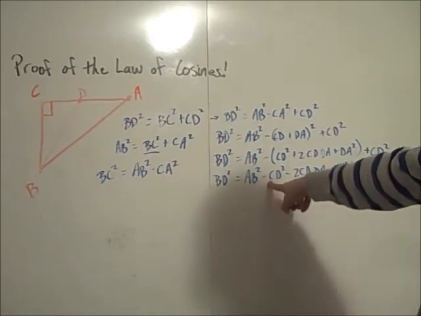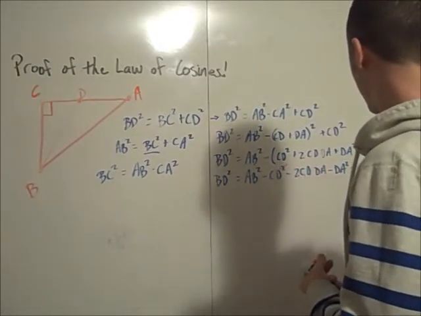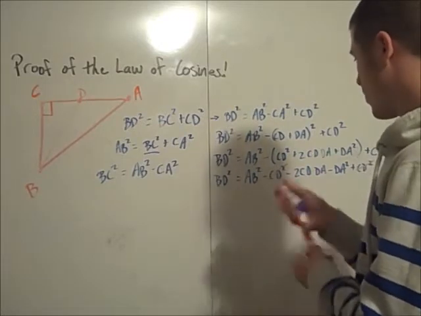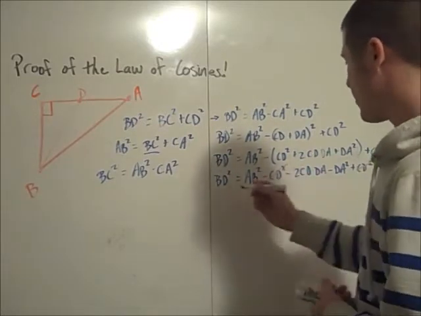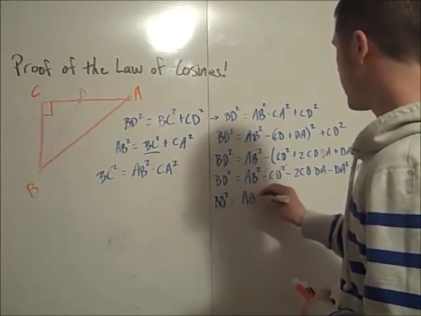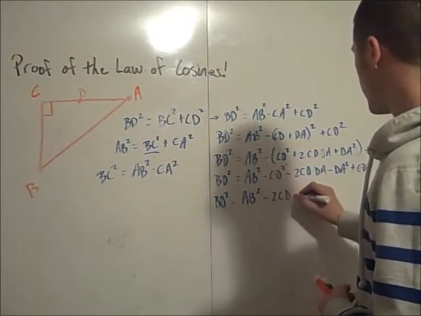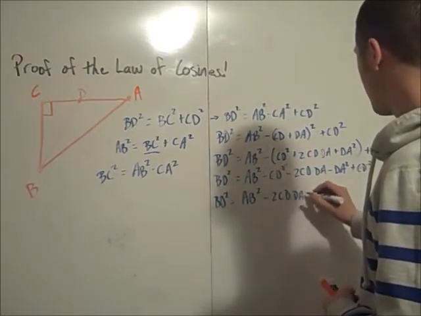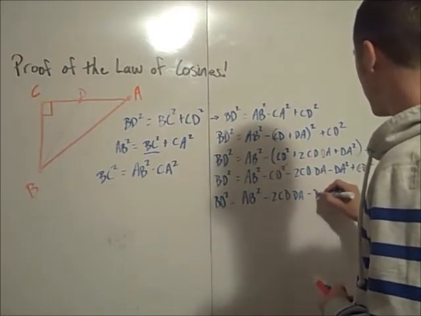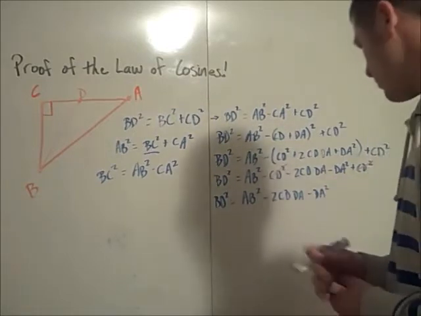There's a negative CD squared here and a positive CD squared there. So those are going to cancel. And finally what I have is BD squared is equal to AB squared minus 2 CD DA minus DA squared.